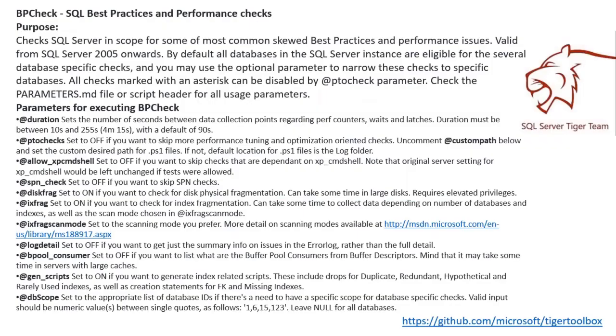Then another of my favorite tools is the VPC check. This is from the Microsoft Tiger team, from my good friend Pedro Lopes. Basically you run it, and it will give you an extensive report of what you have right now and compare it with the best practices.